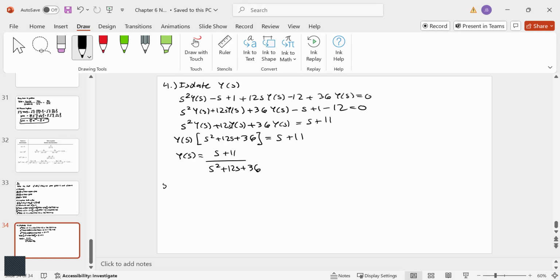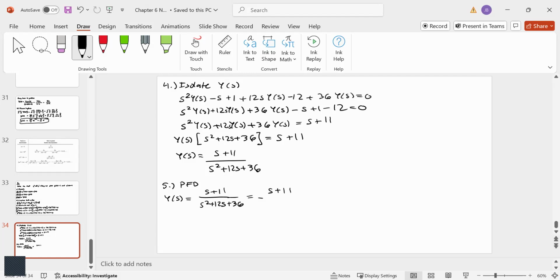All right. Step five is partial fraction decomposition. So first we are going to see if we can factor this, which it turns out that we can.